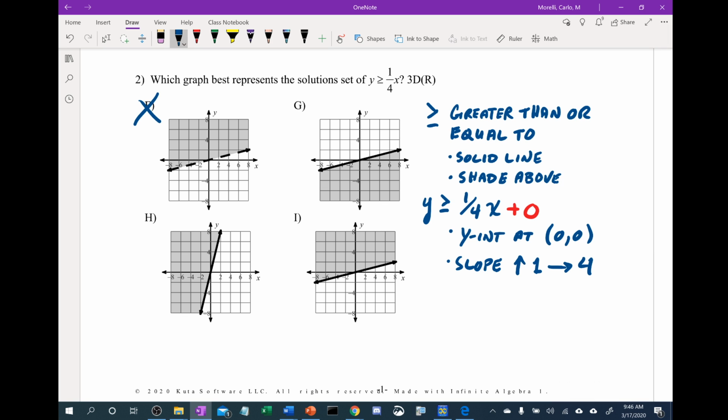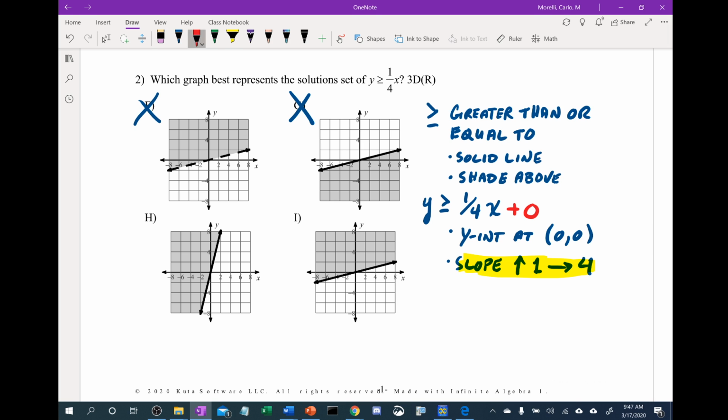So we can eliminate answer choice G because it's shaded below the line. So it's either H or I. And at this point, since they both cross at 0, 0, the only thing we can check is the slope. Remember, our slope needs to be from the y-intercept at 0, 0 up 1 over 4.